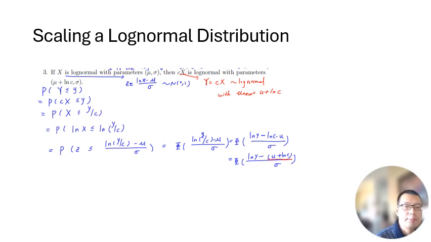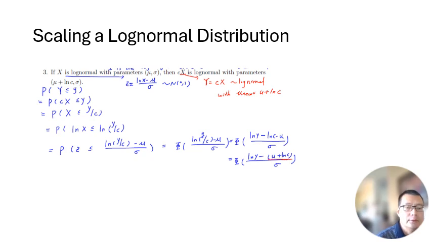This is the same step that we mentioned earlier in the transform slides, where you start with Y and you convert it into X, then you utilize the X distribution to derive the probability.